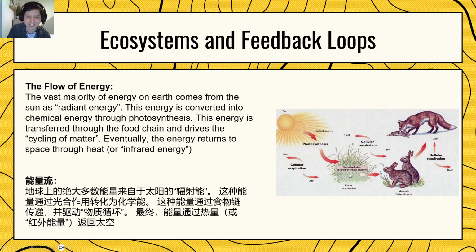This energy is then transferred through the food chain and drives the cycling of matter. So these herbivores eat plants, they transfer the energy to the rabbit, and then this fox will eat this rabbit, and then transfer the energy that way, right?